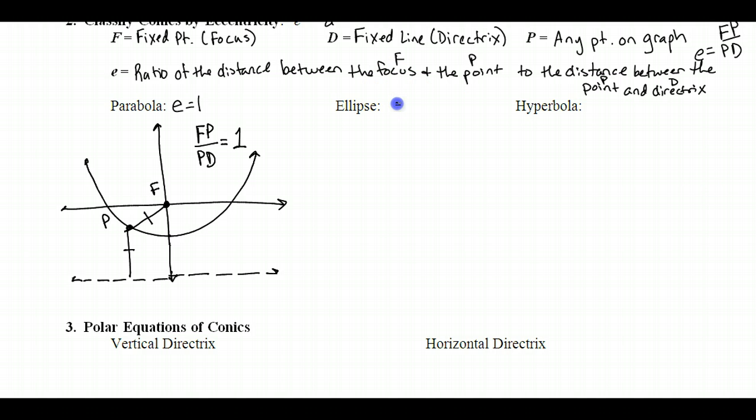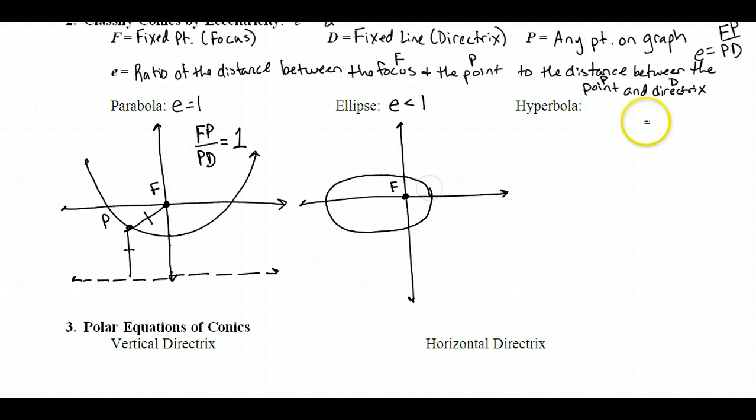For an ellipse, we know that our eccentricity is always less than 1. And when we graph, we've never graphed an ellipse with the directrix, but we definitely have that. Remember, one of our focus points has to be at the pole. So here's my focus. I'm going to draw my ellipse to be horizontal.